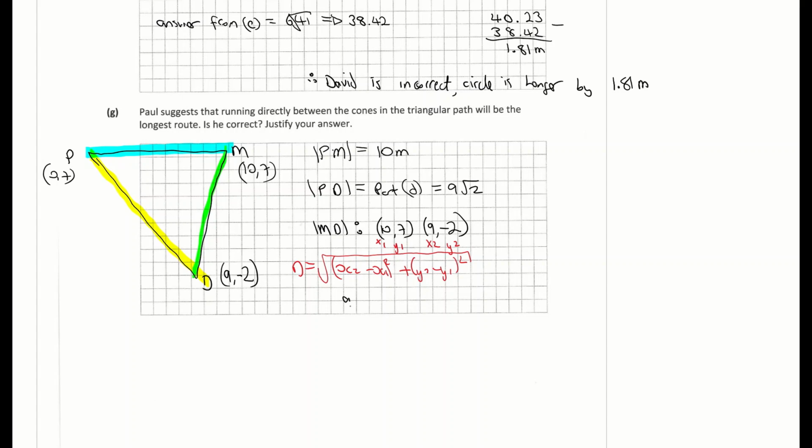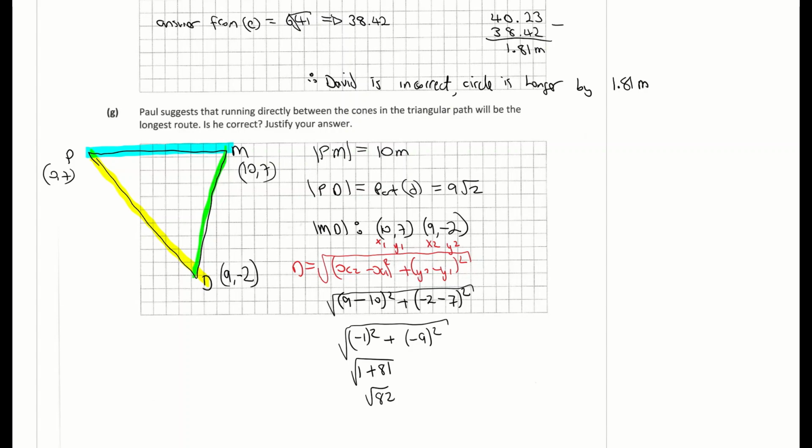X2, which is 9, minus x1, which is 10, squared, plus y2 minus y1 all squared, which gives me -1 squared plus -9 squared. -1 by -1 is 1, -9 by -9 is 81, which gives me root 82.